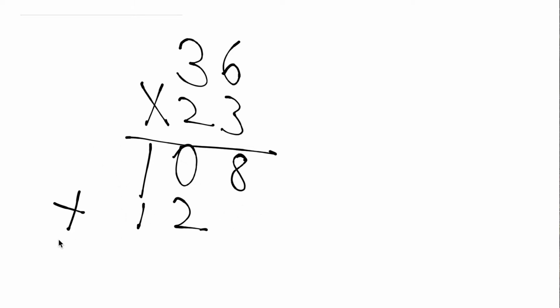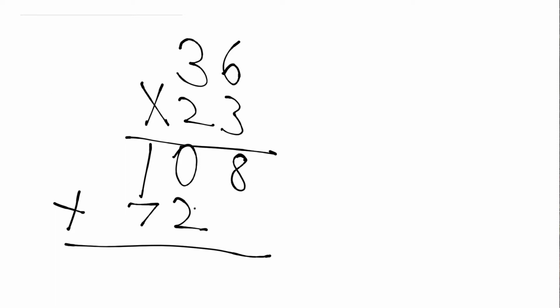And now after this we need 3 times 2 is 6. So 6 plus 1 is 7. So we take off 1 and put 7 here.